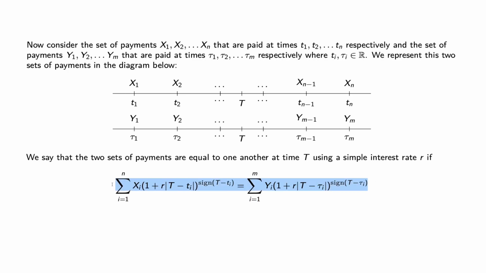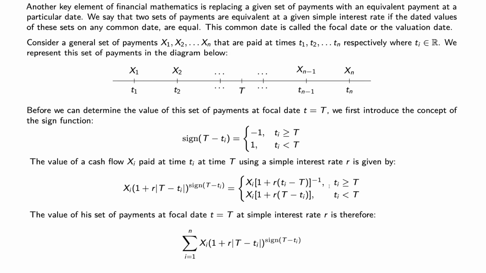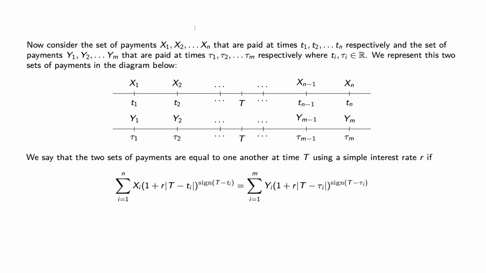And so these two sets of payments are equivalent if this holds true: they're equal to one another. That is, in some sense, the mathematical equivalent of the statement we had on the previous page. If you remember, we say two sets of payments are equivalent at a given simple interest rate if dated values of any set at a common date, t, are equal. And so that's the formalization of that formula.